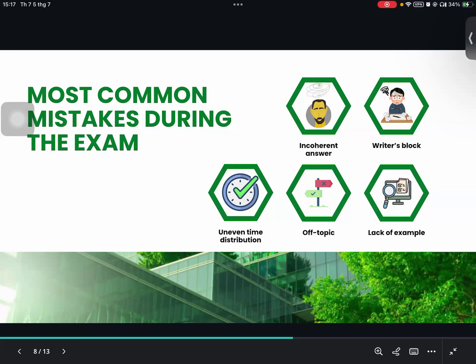That will lead to lower performance and less time for other questions. So for the exam, you need to have a strategy for time management. With 180 minutes for the whole exam with 4 questions, you have approximately 45 minutes per question.